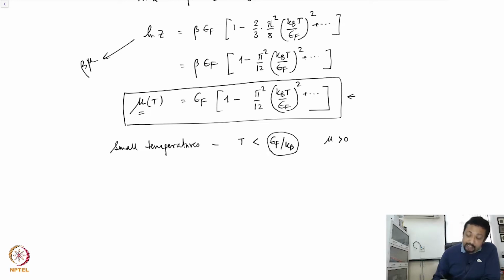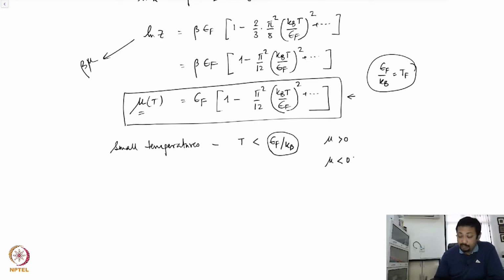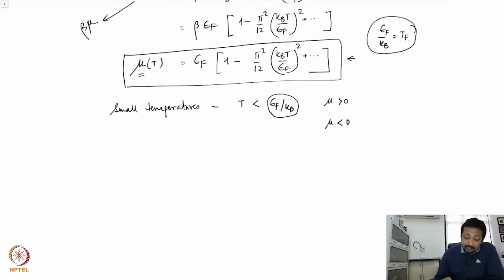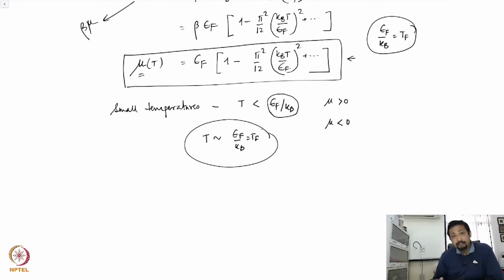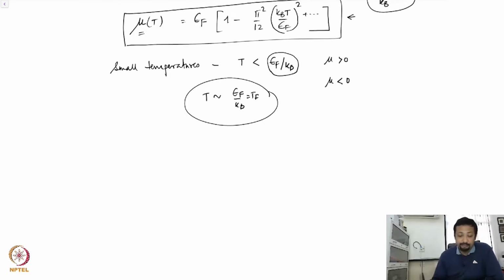This particular quantity, epsilon_F over k_B, is called the Fermi temperature, T_F, right? In contrast, for high temperatures, mu is less than 0. The chemical potential is negative, and the zero crossing happens at a temperature which is of the order of epsilon_F over k_B, that is, of the order of T_F. It does not exactly happen at T_F, but it happens of the order of T_F.